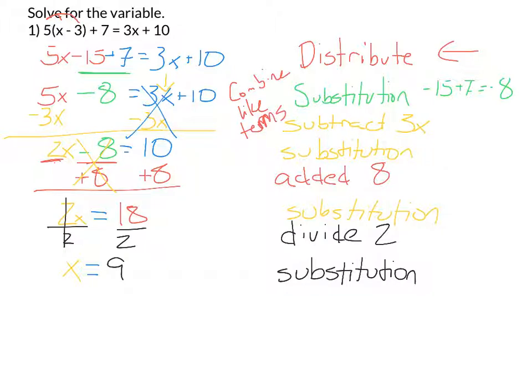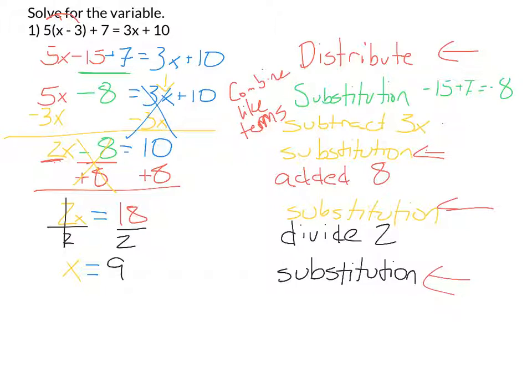Anytime you do one of these operations, distribute, add, subtract, multiply, divide, you're going to follow it up by doing any combine like terms that you can. So then we subtracted to get all of our variables onto one side, combine like terms. There it is. We added 8, combine like terms. Divide by 2, combine like terms.